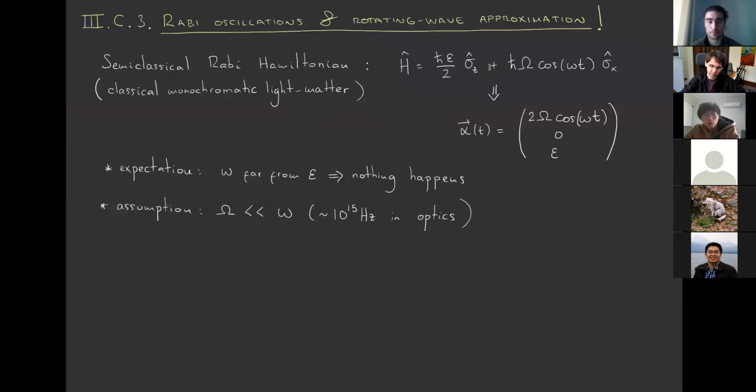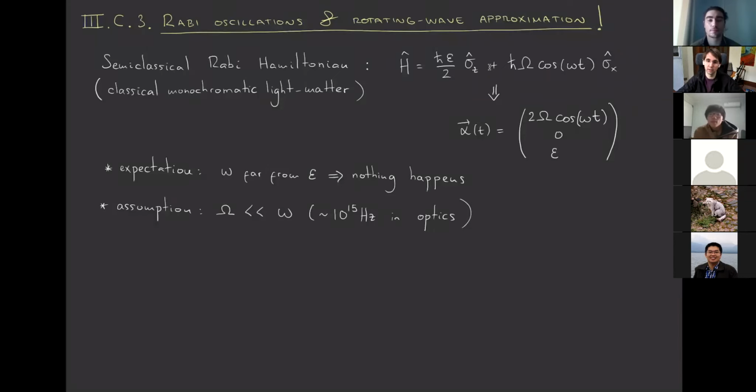It's a Hamiltonian that simply has the free evolution of the atom plus evolution along sigma x, okay? In particular, with a harmonic coefficient that goes with a well-defined frequency omega, so it's a time-dependent periodic function of some frequency omega.